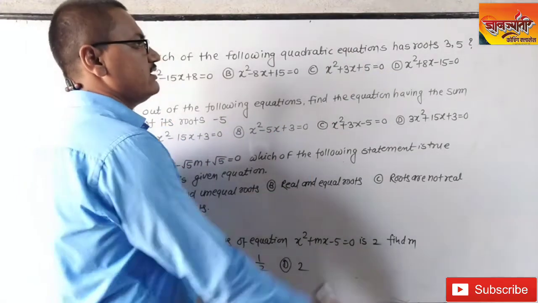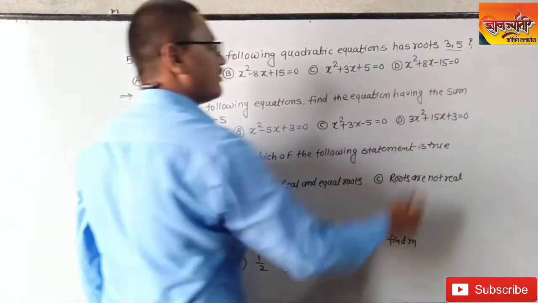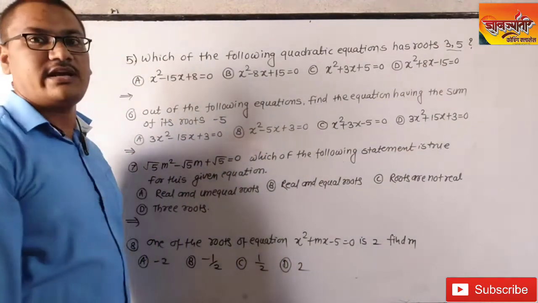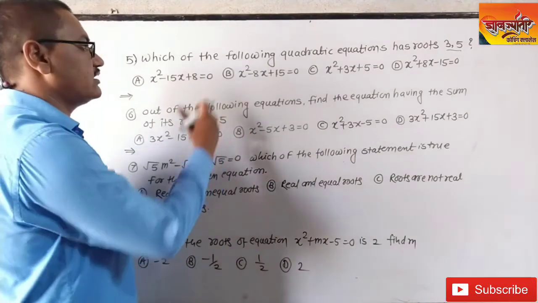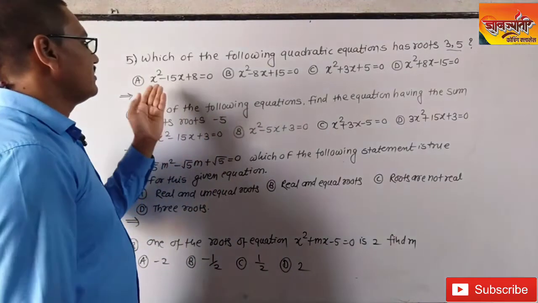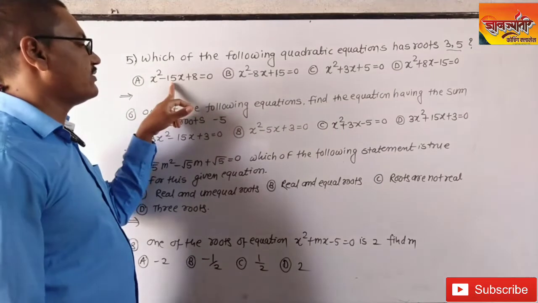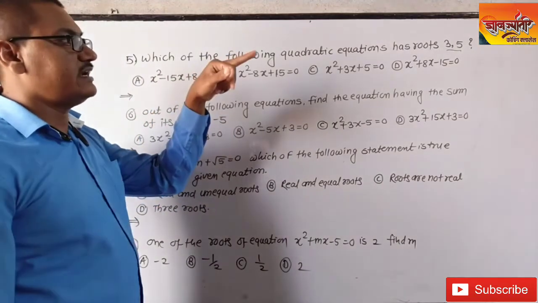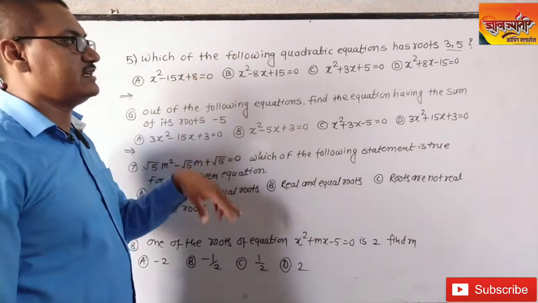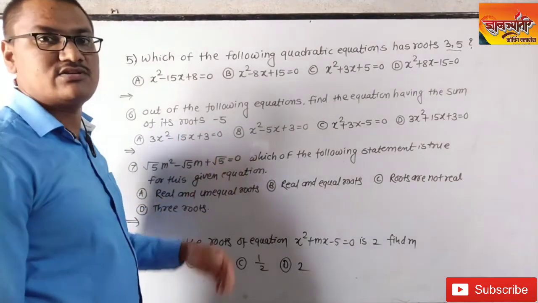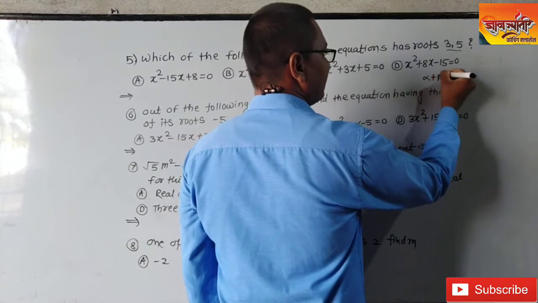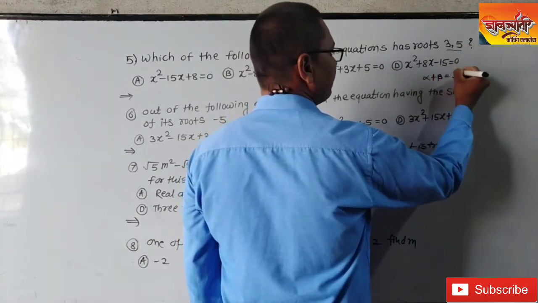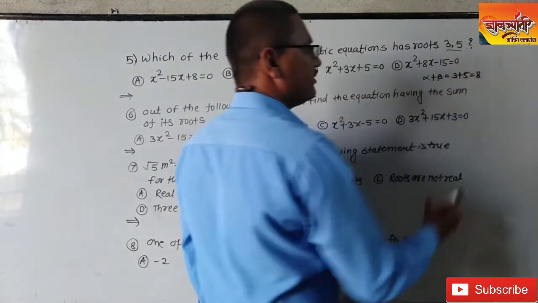Choose any one. Roots are 3, 5, which means alpha is equal to 3 and beta is equal to 5. By using this, the required quadratic equation can be determined. The first term is alpha plus beta. The sum alpha plus beta is 3 plus 5, which is 8.